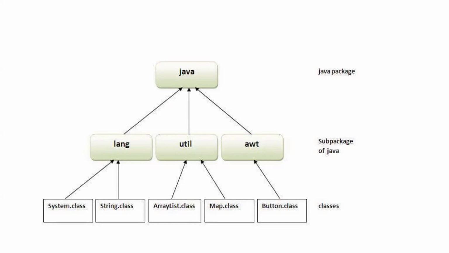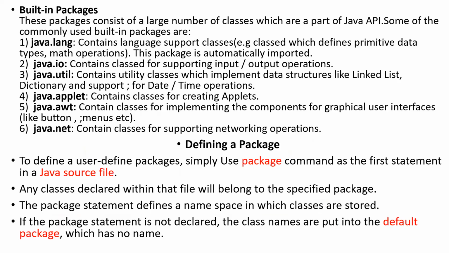Actually, I'm using an IDE, Eclipse, so automatically the IDE provides all these packages. But in the lab, if you write programs with Notepad, you are supposed to include all these packages, like import java.io.*. So you need not worry about all this. These are the advantages of those packages.